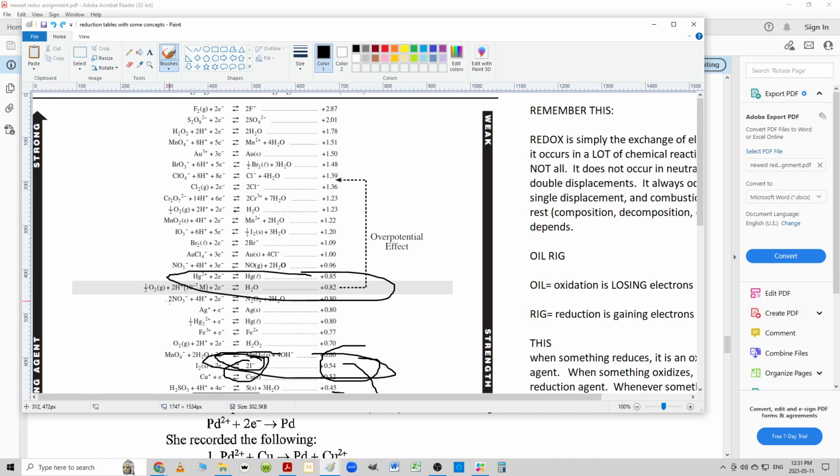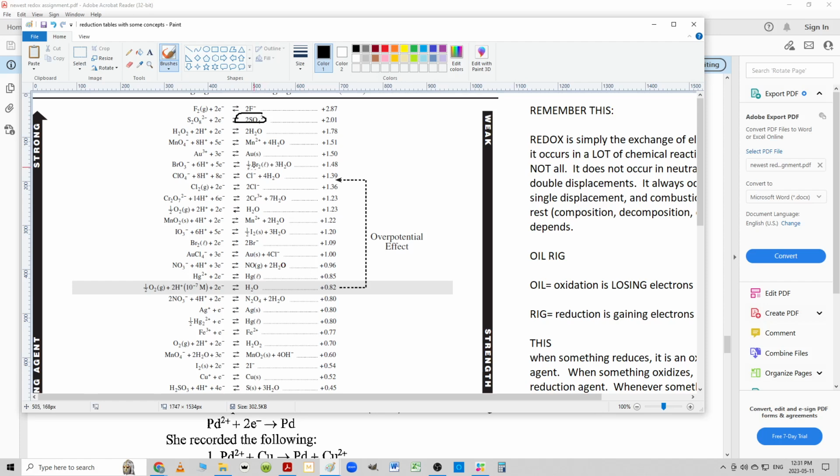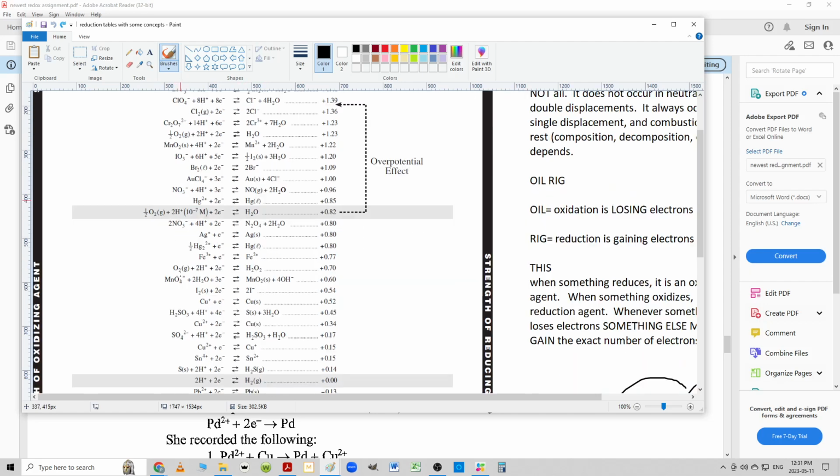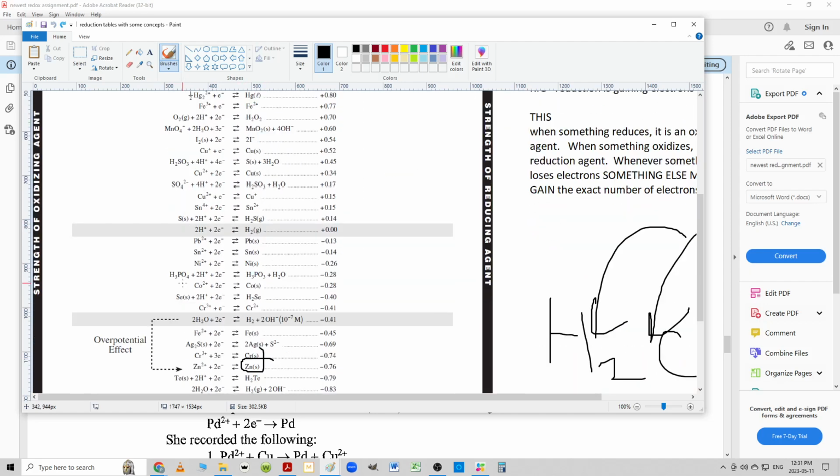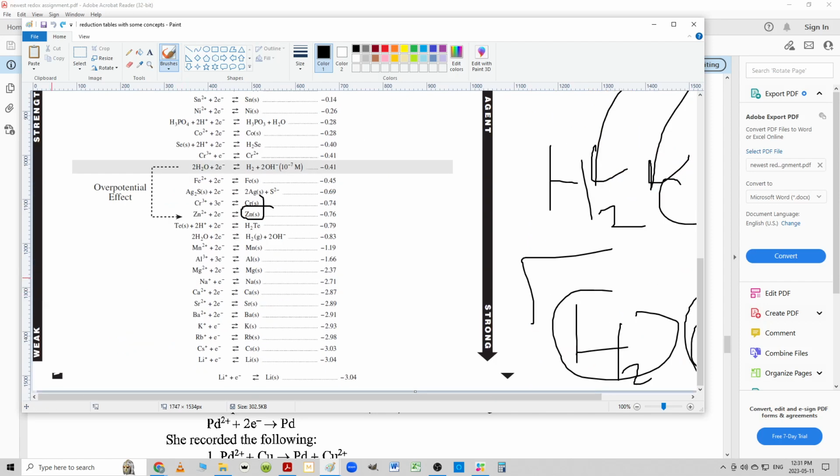Sulfate's up here on this side. That's not what you want. Or we could just look up the potential of sulfate, although I guess you're not supposed to.